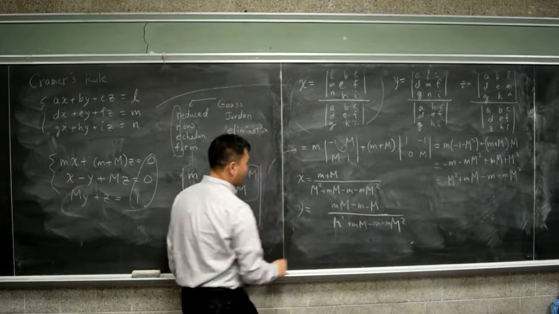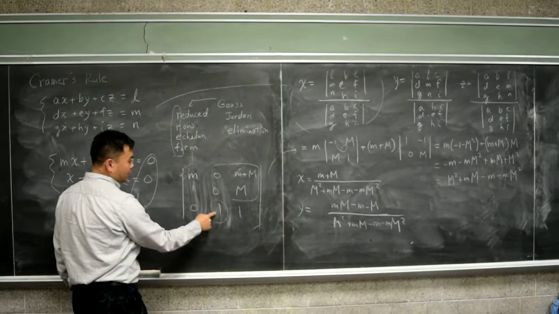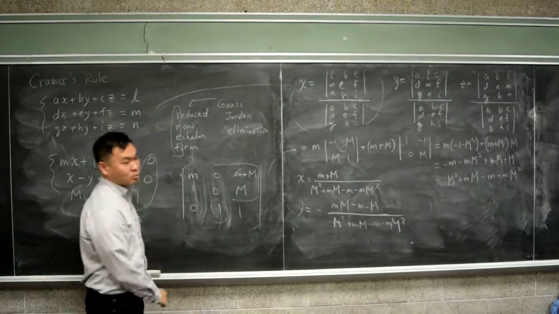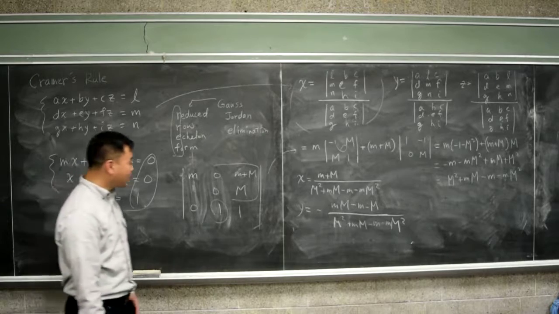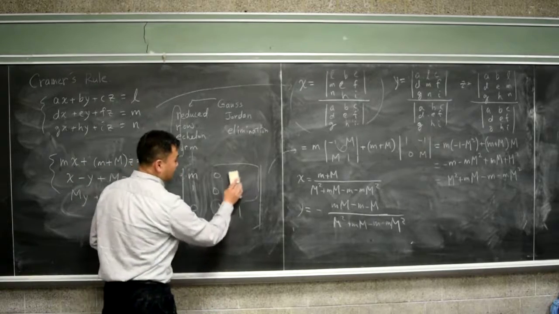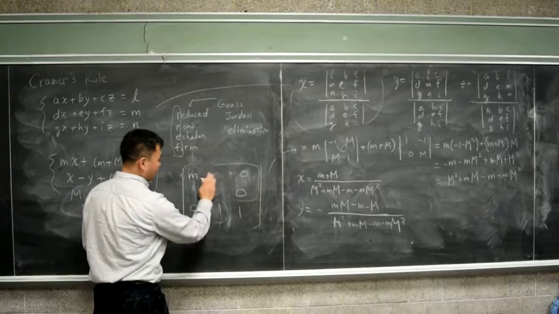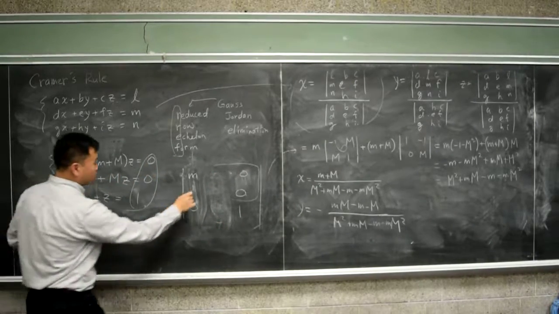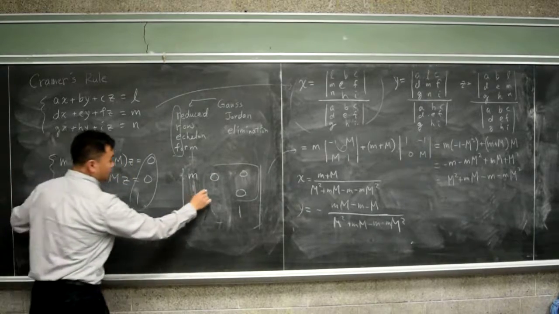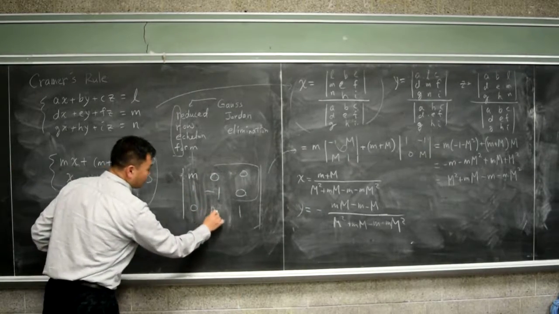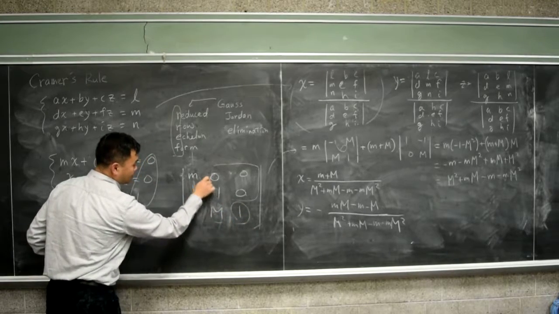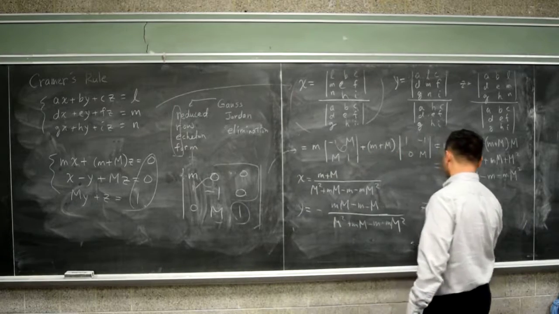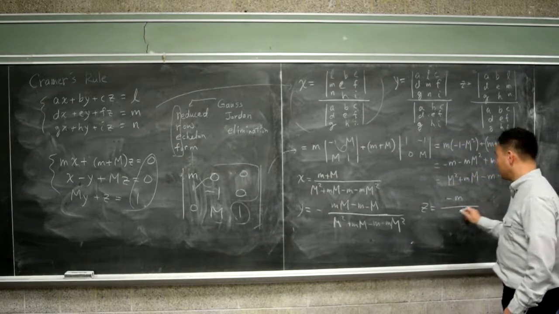But this time, because of the checkerboard of signs here, this will have a minus. That will be y. And finally, for z, the third column is replaced by 0, 0, 1, with the others being 0, negative 1, and capital M. When you choose this, it's this times that, so it's negative m. So z is equal to negative m over the same denominator.